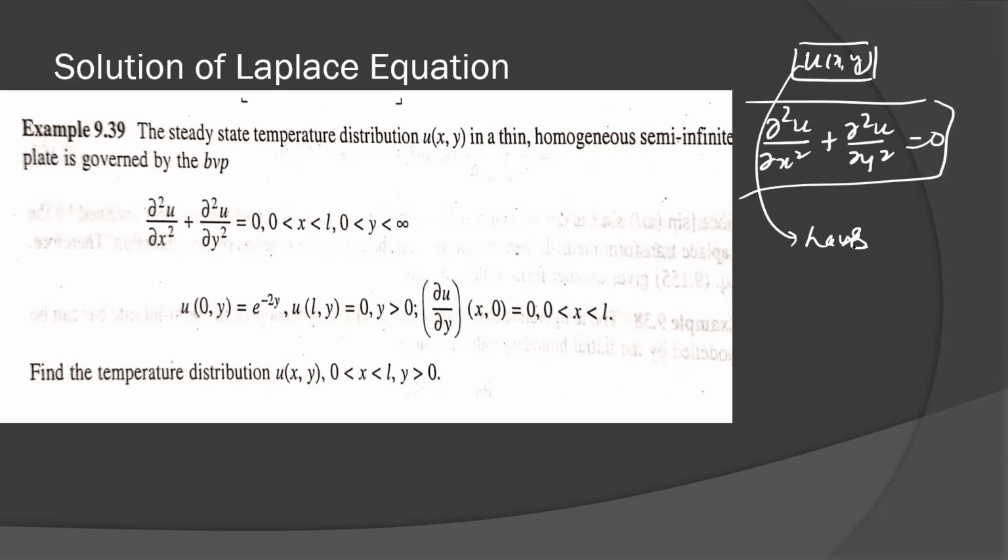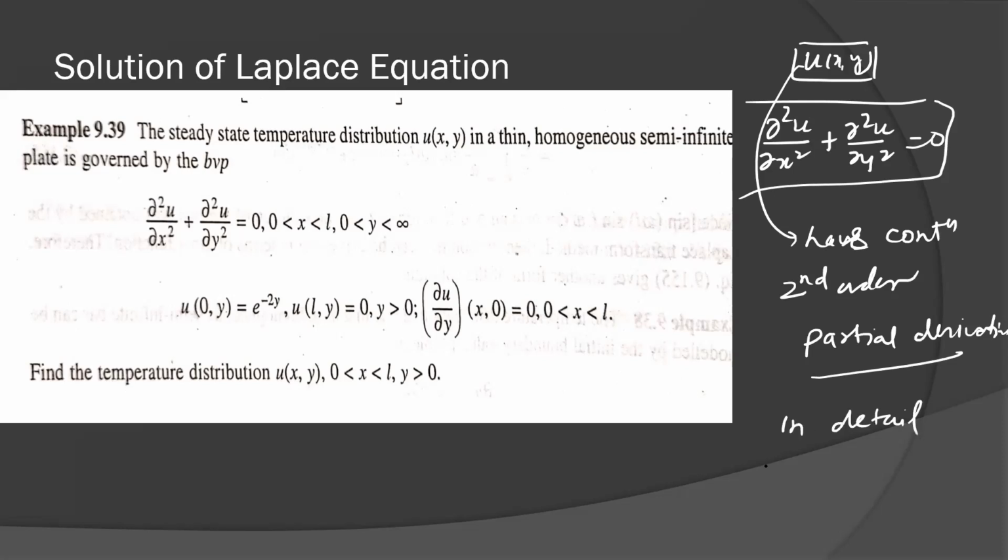We will discuss this Laplace equation in more detail in the complex analysis module. In complex analysis, this is a very important topic. It will be useful in the determination of harmonic conjugates.